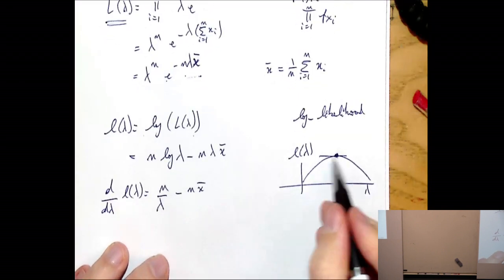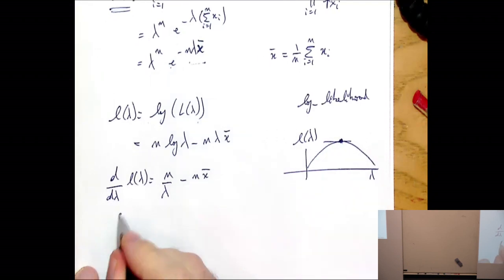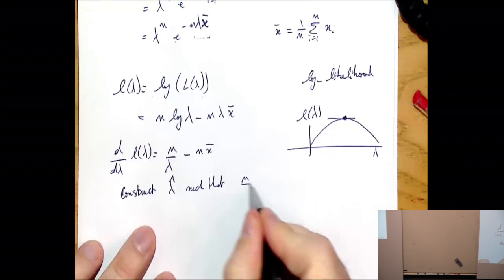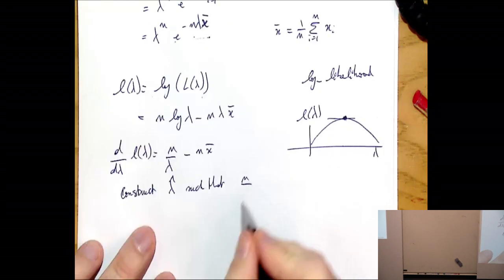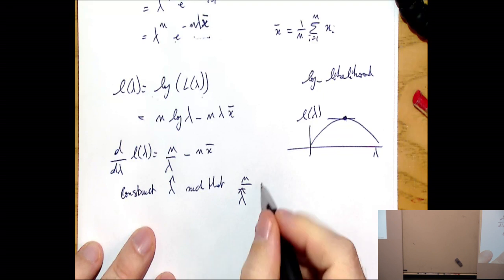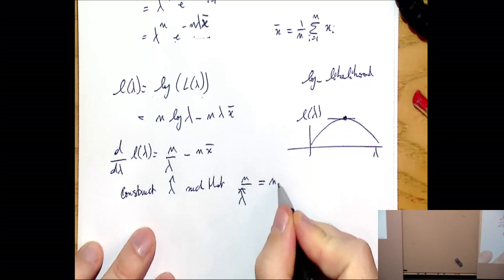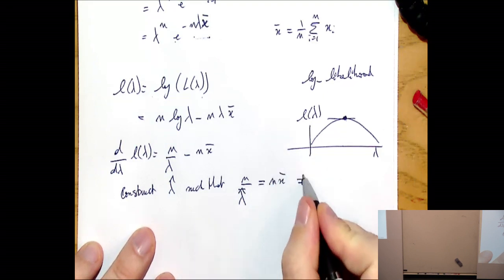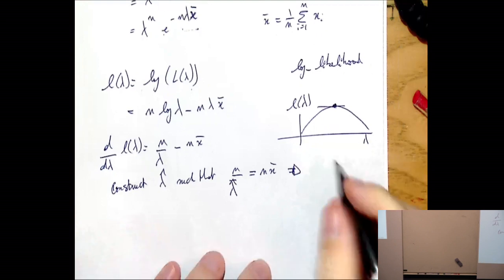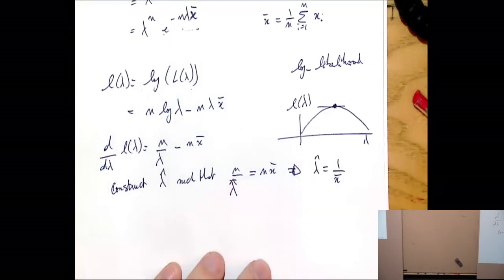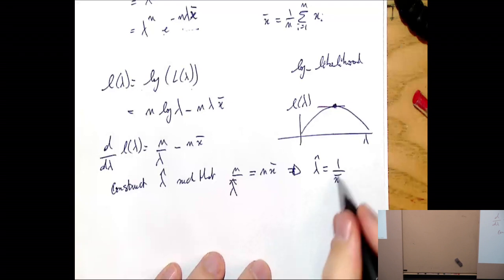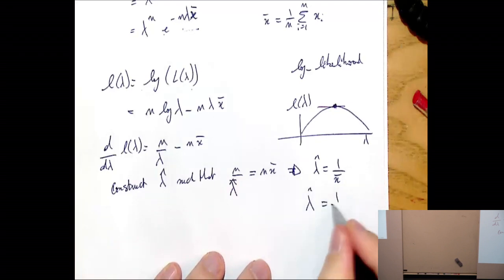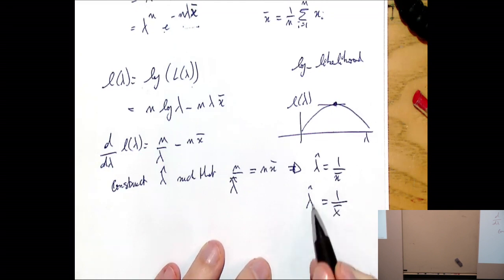And I force this to be equal to 0, so I construct an estimator such that n over lambda hat is equal to n x bar, or in other words, lambda hat is 1 over x bar, right? So the estimator is 1 over the sample mean, okay?